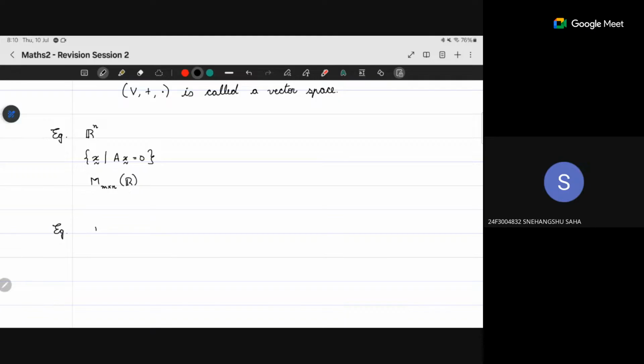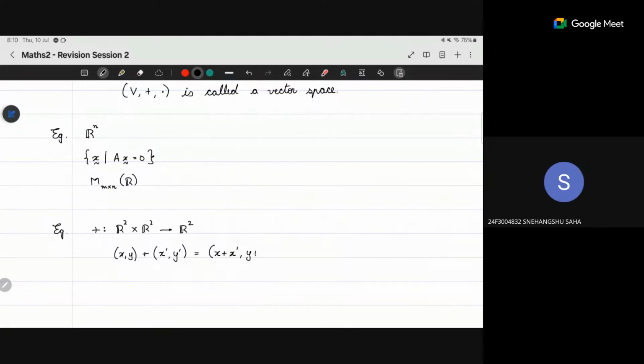So suppose I define plus from, let's say, R2 cross R2 to R2. So here I say (x, y) plus (x prime, y prime).